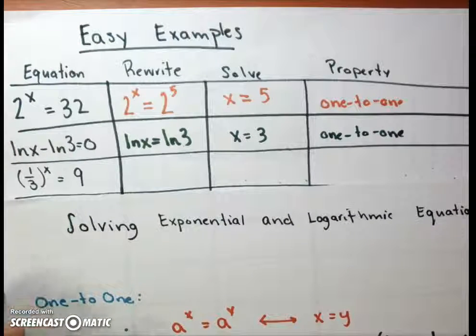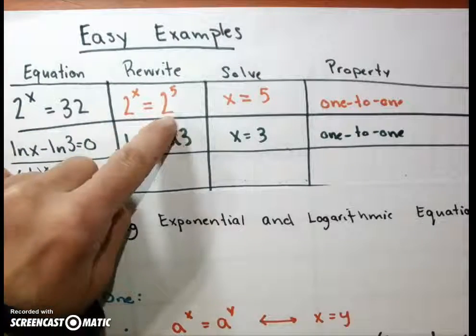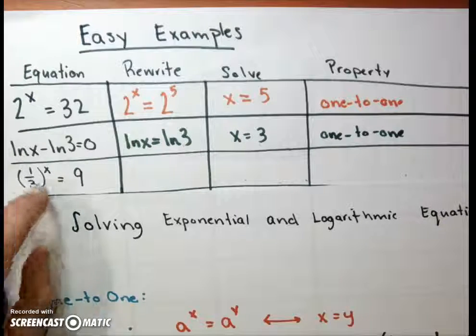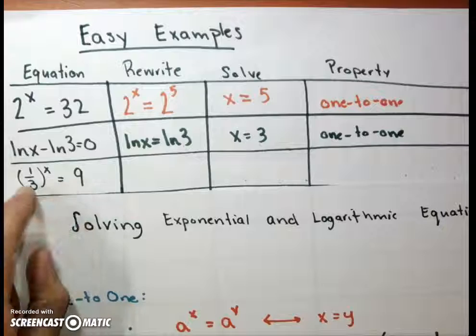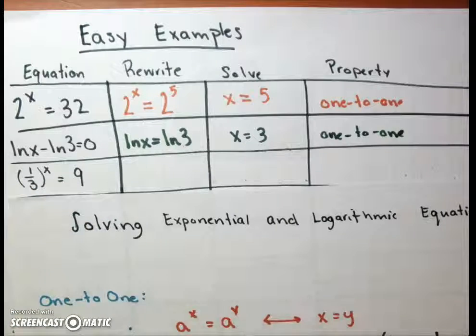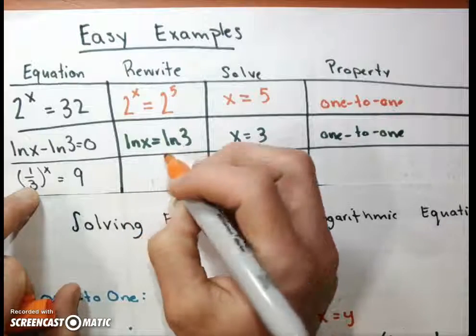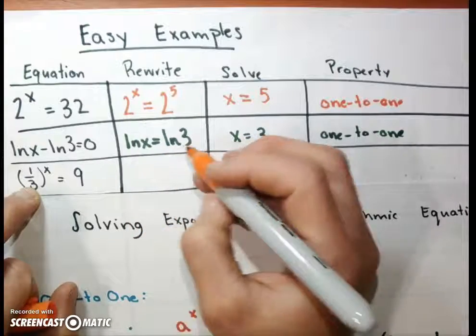The third example is a little bit trickier because it's not so obvious what the base should be in order to use the one-to-one property. But I can rewrite it so that this has base 3, because you'll remember that 1 over 3 is the same as 3 to the minus 1.